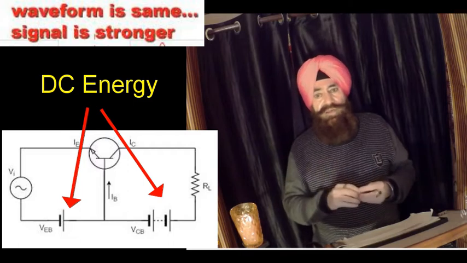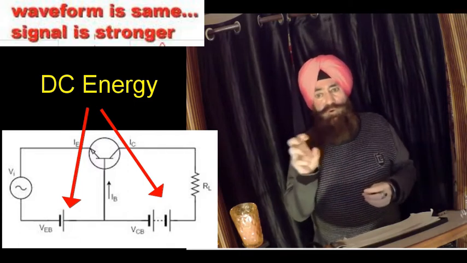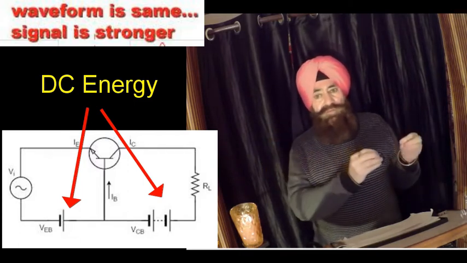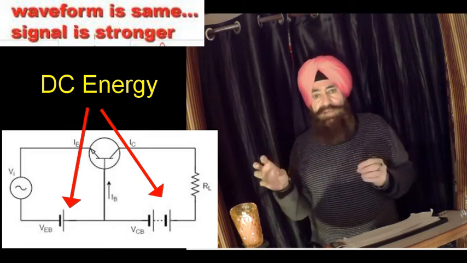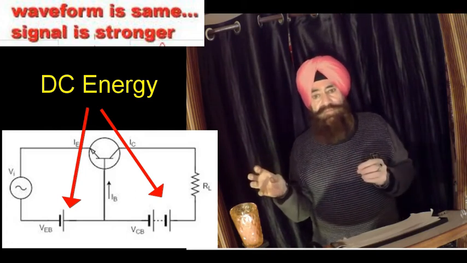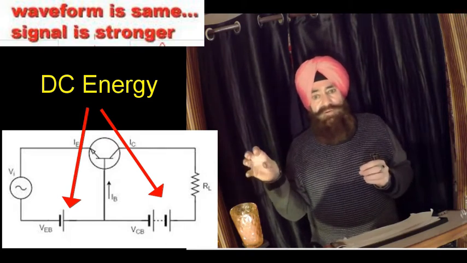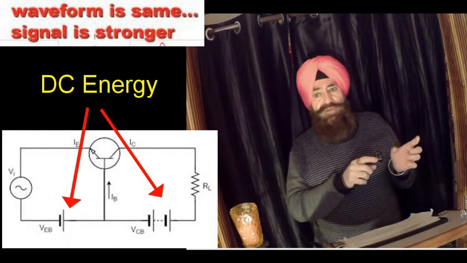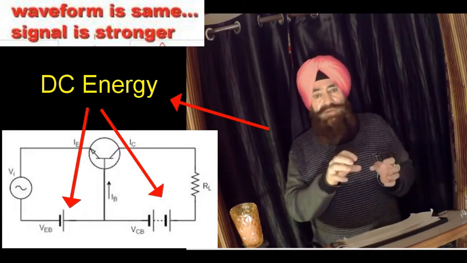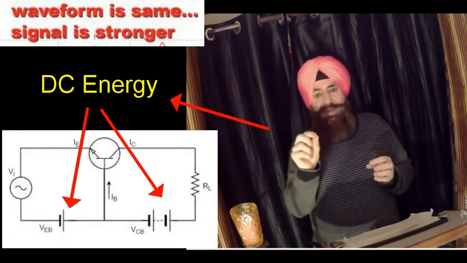Or you can say the improved output AC power, meaning you give a weak signal and get a strengthened signal, is the result of the transfer of energy from the applied DC supplies.